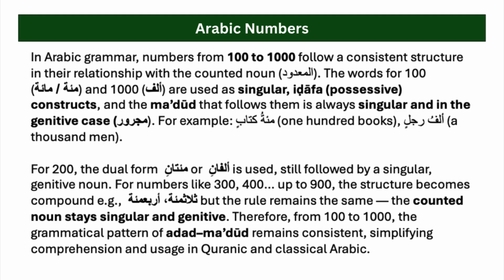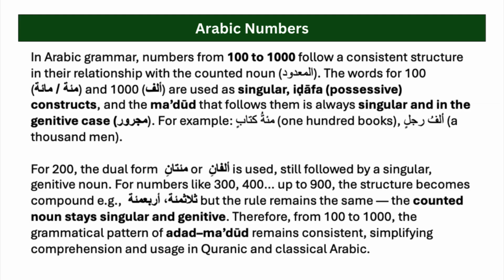The slide gives the examples. Mi'atu kitabin, 100 books. Alfu rajulin, 1000 men. So students should notice the counted noun after mi'atun and alfun is not plural here. It is singular and majrur. Then the slide explains that for 200, the dual form mi'atan is used, still followed by a singular genitive noun.